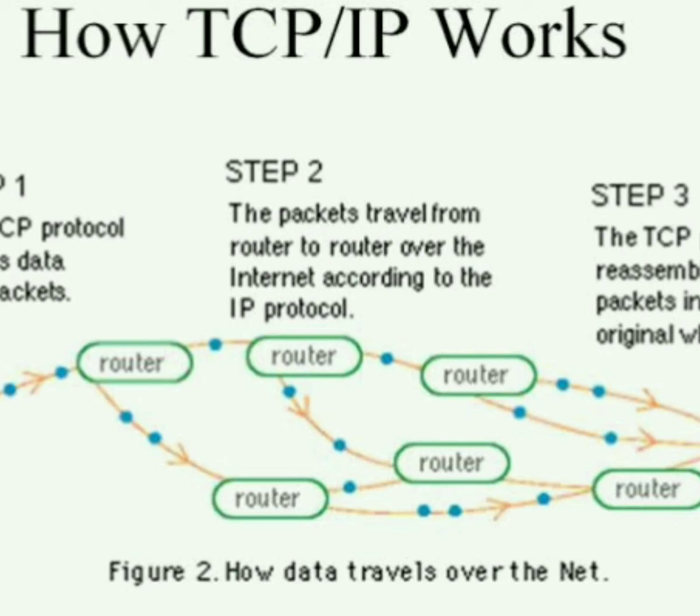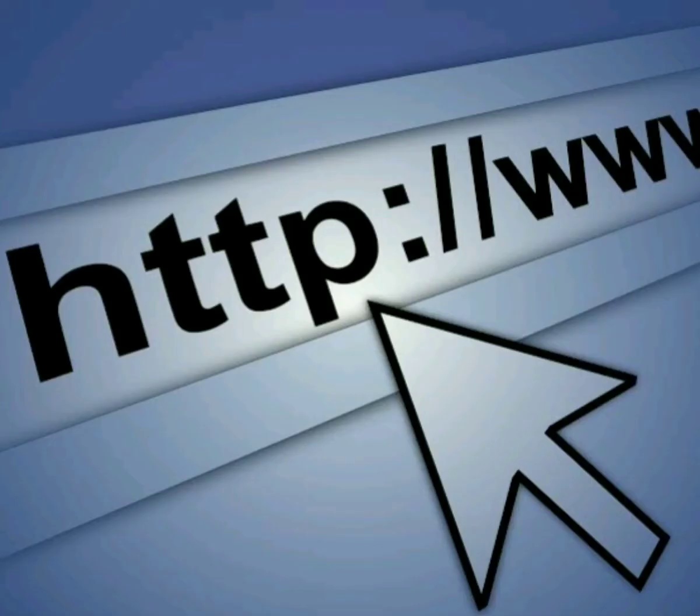That is the main thing of IP. Clear? So the main job of TCP/IP is to split the packets and then reassemble the packets at the recipient computer. Clear?